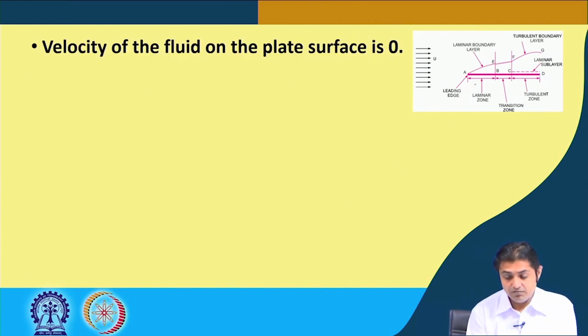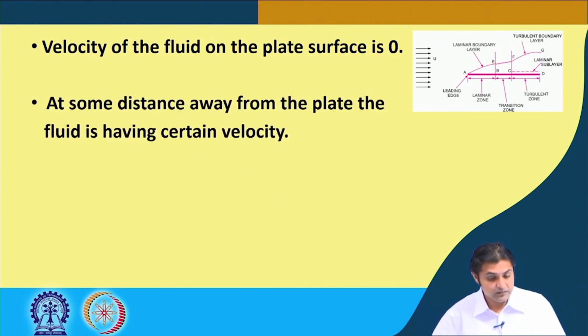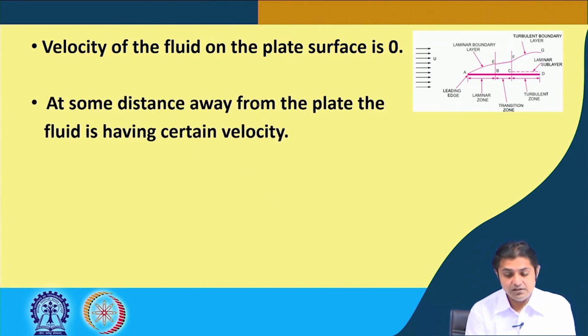As I told you before, the velocity of the fluid on the plate surface is 0 because of the no slip condition, as the plate is stationary. But at some distance away from the plate, the fluid has a certain velocity, which we do not know for now.